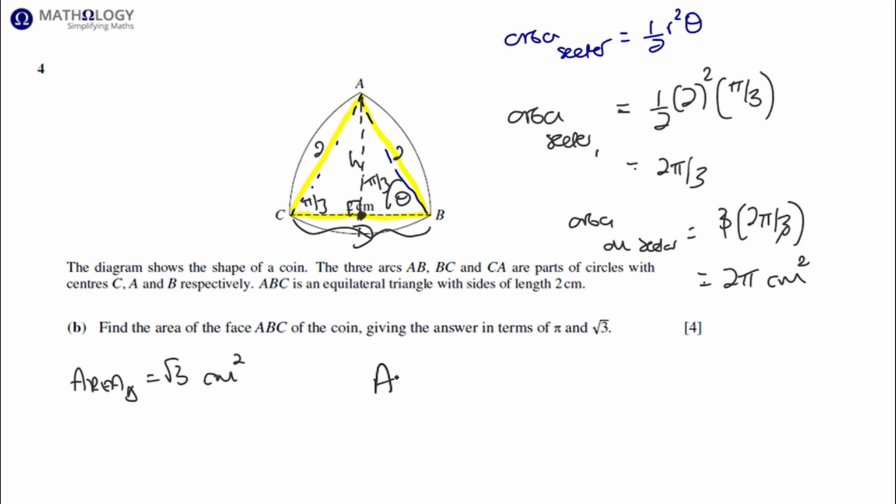Now, to find the area of the coin, we need to take the area of all three sectors, which is 2 pi, but we need to subtract two instances of the area of the equilateral triangle, because inherent in the area of each sector was the area of the equilateral triangle. So we need to remove two instances of that equilateral triangle. So we're going to subtract 2 root 3, and this is the area of the coin.